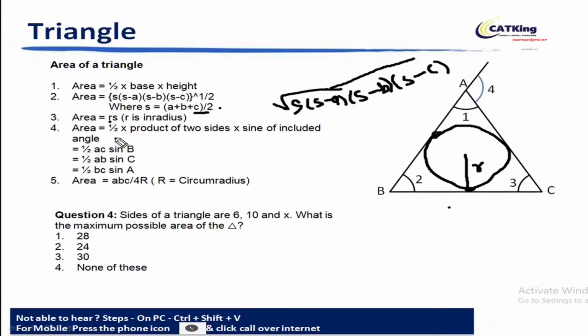Another formula for finding the area is half into the product of two sides into the sine of the included angle.